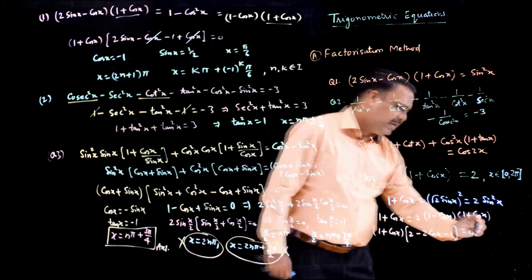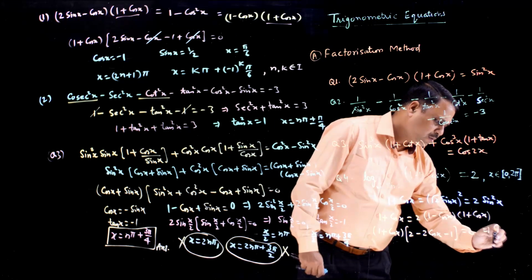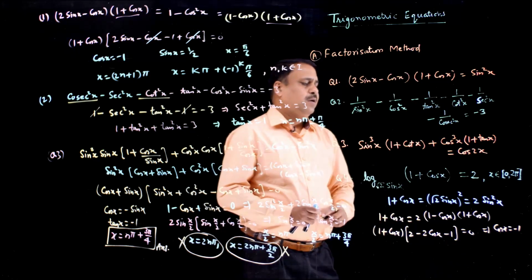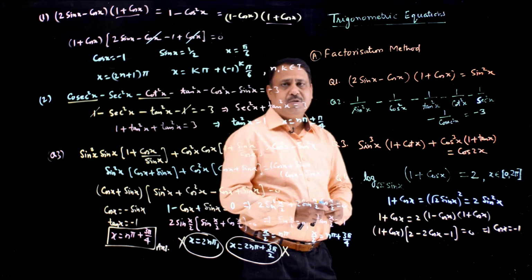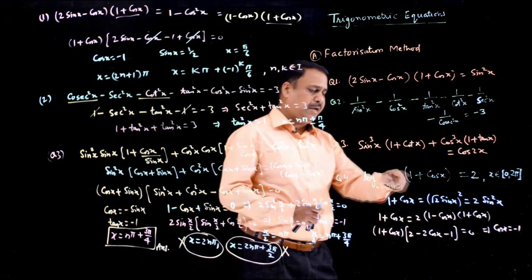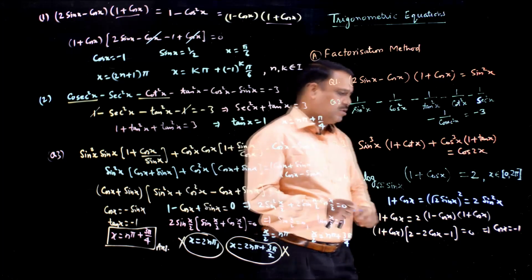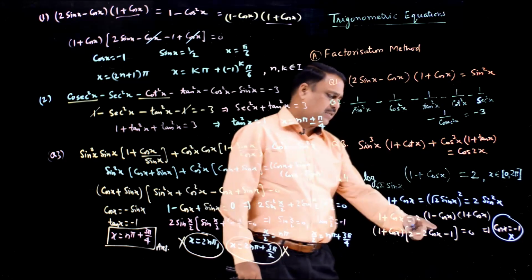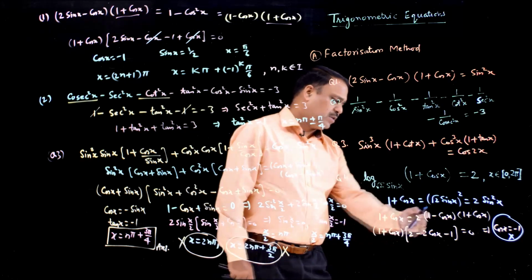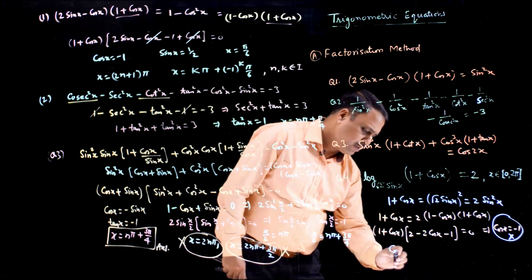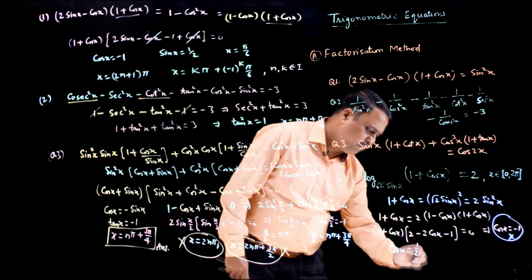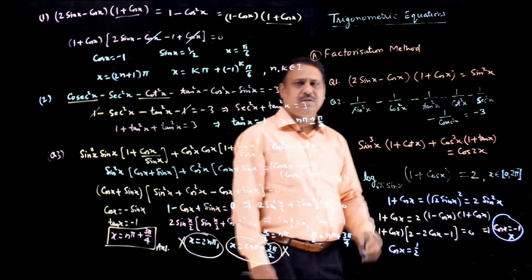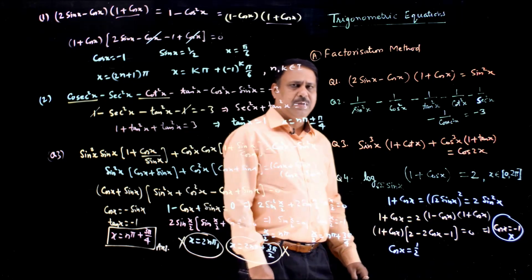So from here I will get cos x is equal to minus 1, which is not possible because cos x is equal to minus 1, x will be pi, at this it will not be defined. So this is rejected, this I will reject. So next is left 1 is equal to 2 cos x, cos x is equal to half. This solution only we will retain.